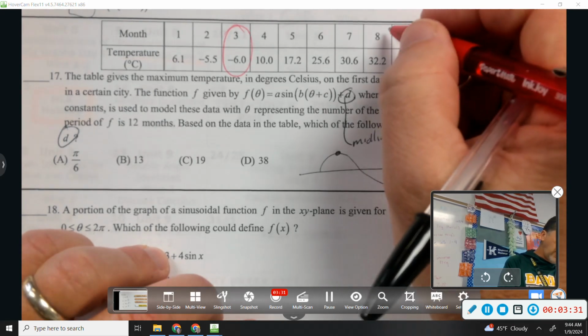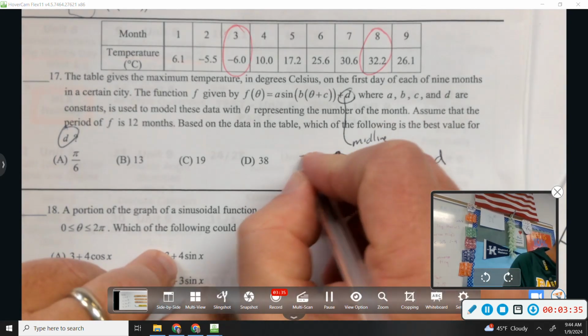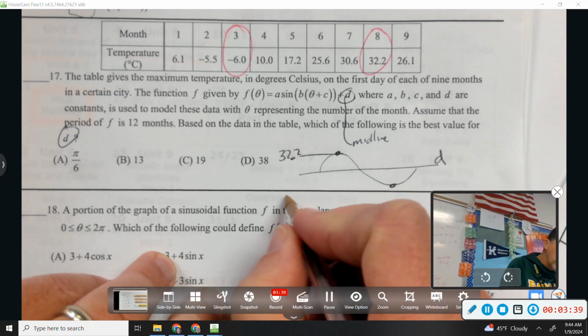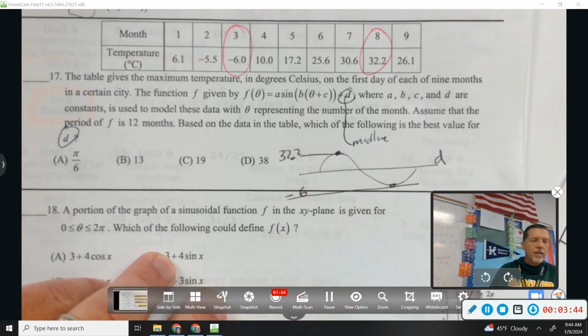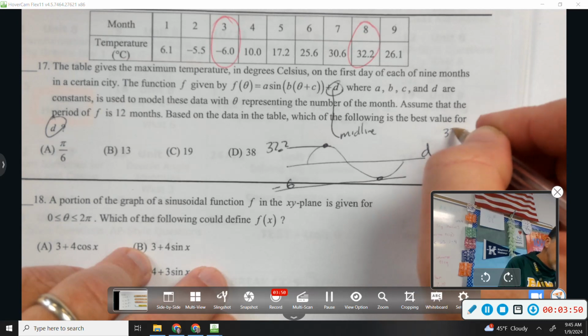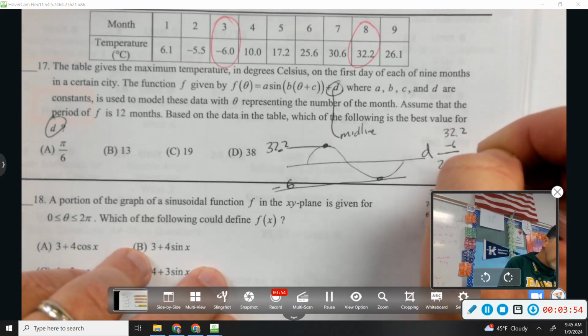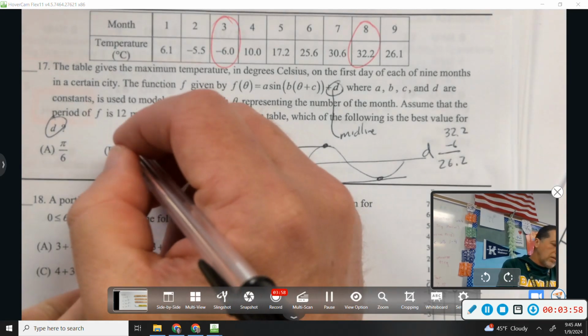The peak value is 32.2. So my highest height is 32.2. My lowest low is -6. And we want the average of those. So let's add them and divide by 2. We add them, we get 26.2. We divide that by 2, we get 13.